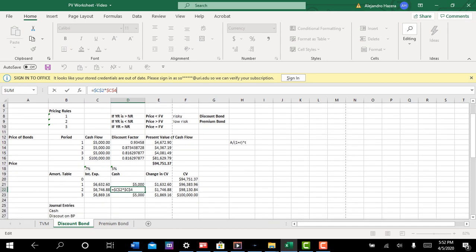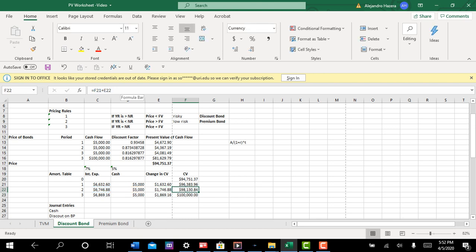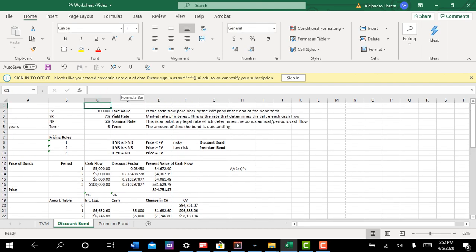The change in the carrying value is just the interest expense less the cash. And all the changes in the carrying value are positive numbers. The new carrying value is just the previous year's carrying value plus the change in the carrying value. And you know you're correct if your final carrying value equals the face value.